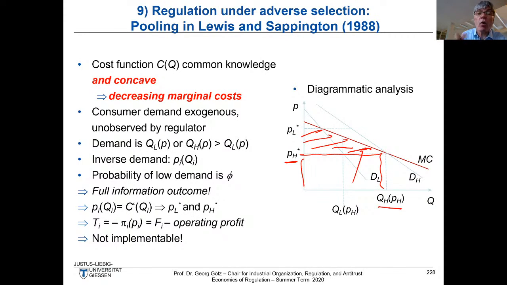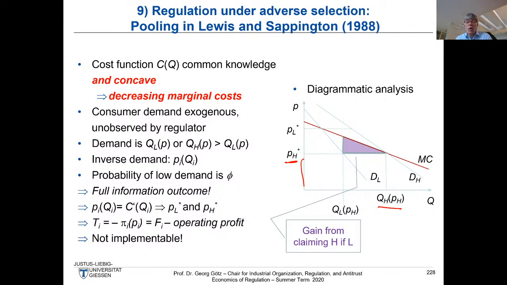Now, here with the low type, if you claim to be a high type, given this price, you only sell this amount. Your loss is only this here, but you get a transfer equal to the full triangle. So usually the purple triangle is your gain from claiming H if you're L.